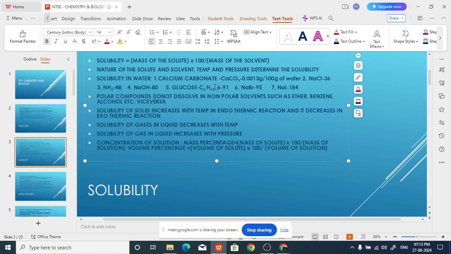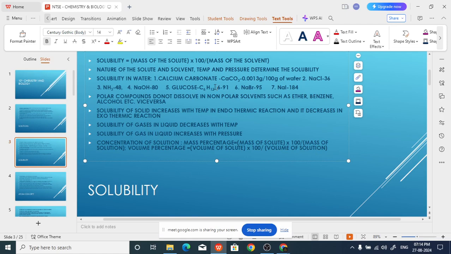There, it is mass of solute into 100 divided by mass of solvent, whereas here it is mass of solution. The mass of solution is equal to mass of solute plus mass of solvent put together. Understood the point I am making?